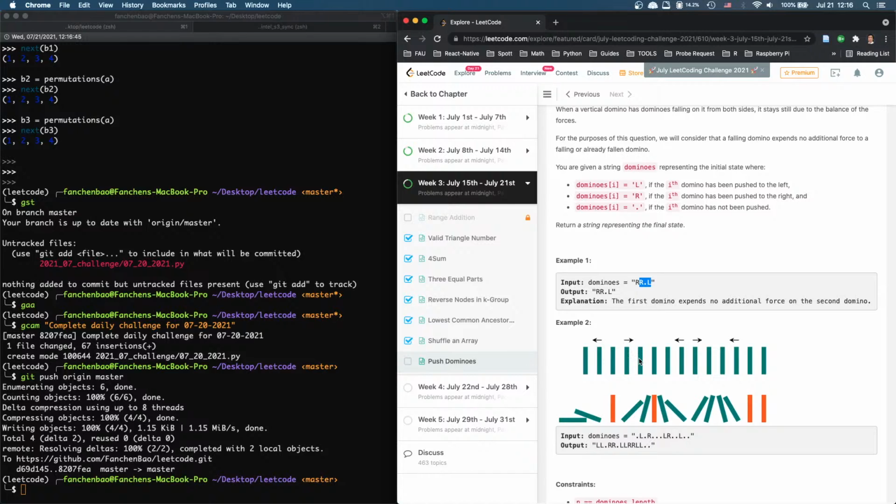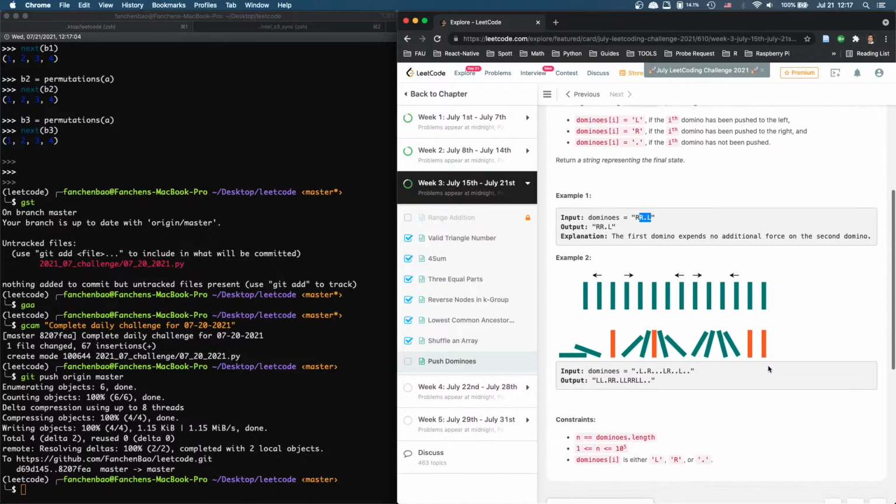Why is this one stand? Oh no, I was reading wrong. Here, right, right, stand still, left, left, right, right, left, left, because there's nothing in the middle, and it stands still. Okay, I think I know what it's talking about.